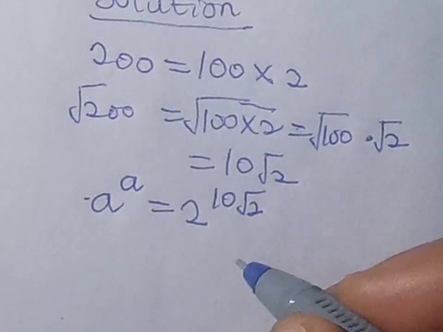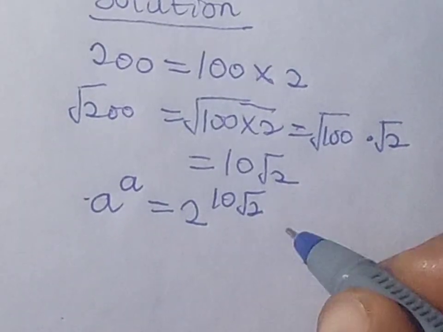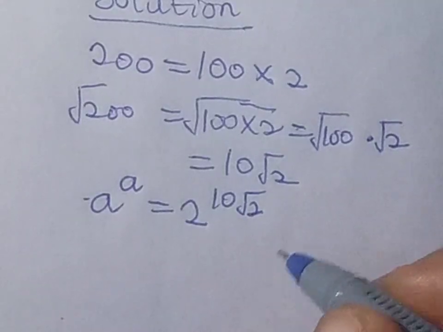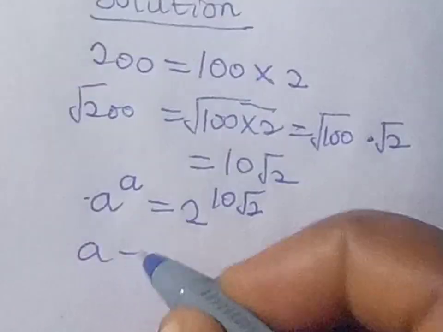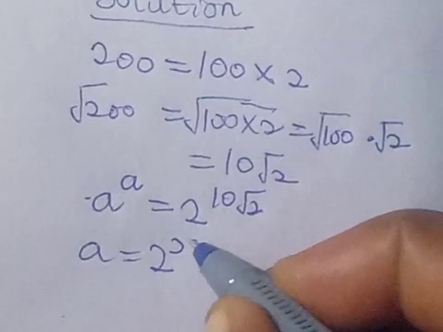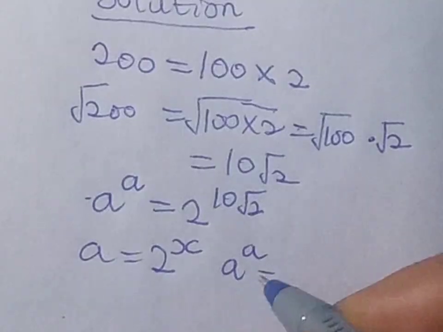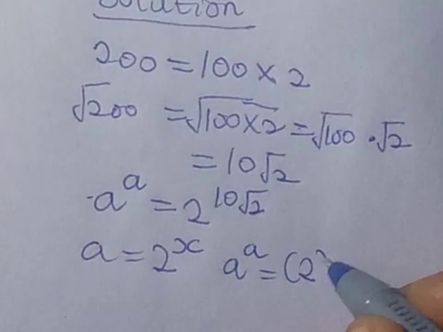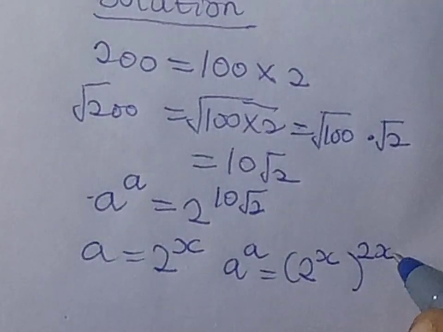Now the next thing we are going to be doing is thinking about the base. Whenever you see powers of 2, it is often helpful to express the unknown using base 2. Let's assume a equals 2 raised to the power of x. Then a raised to the power of a will give us 2 raised to the power of x, all to the power of 2^x.